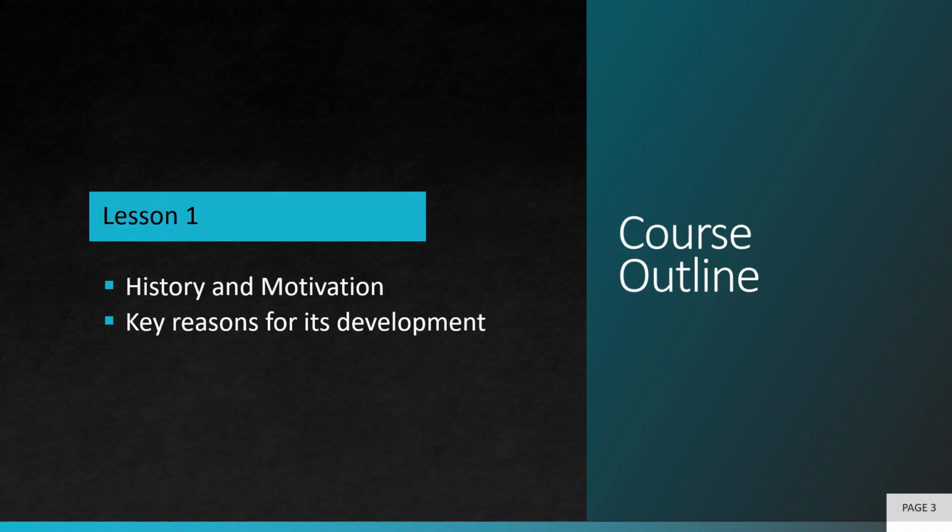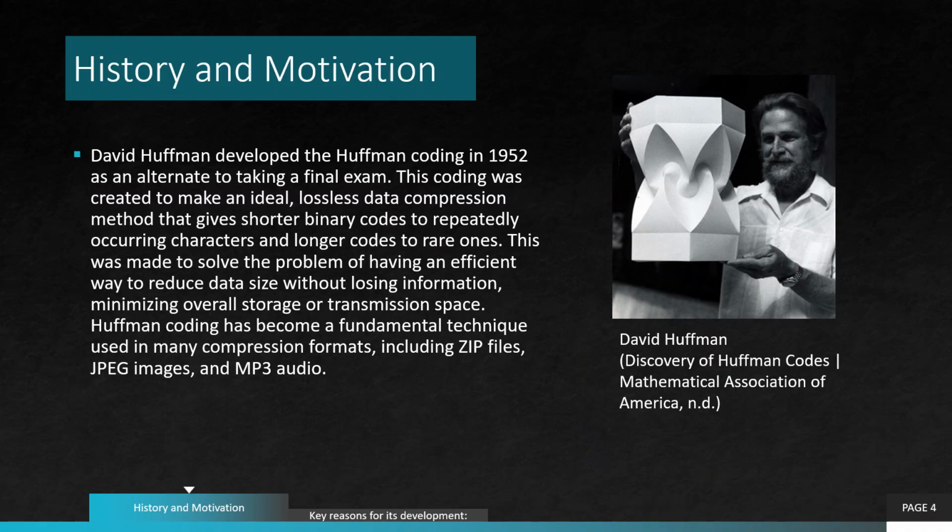So starting with lesson 1, we're going to talk about the history and motivation of the Huffman code, as well as the key reasons for its development. History and motivation. David Huffman developed the Huffman coding in 1952 as an alternate to taking a final exam.